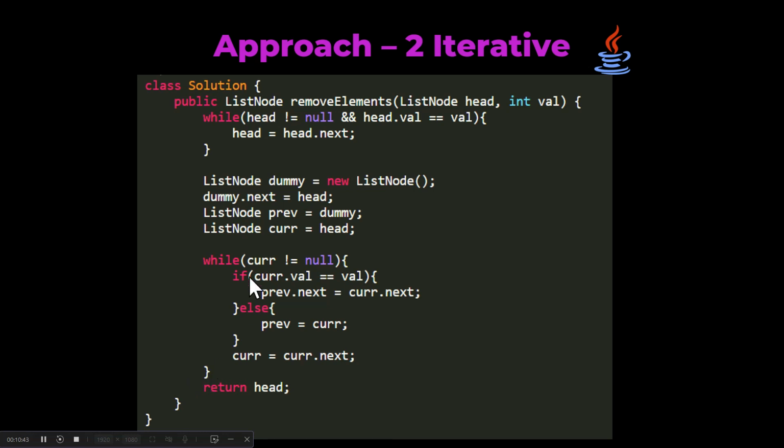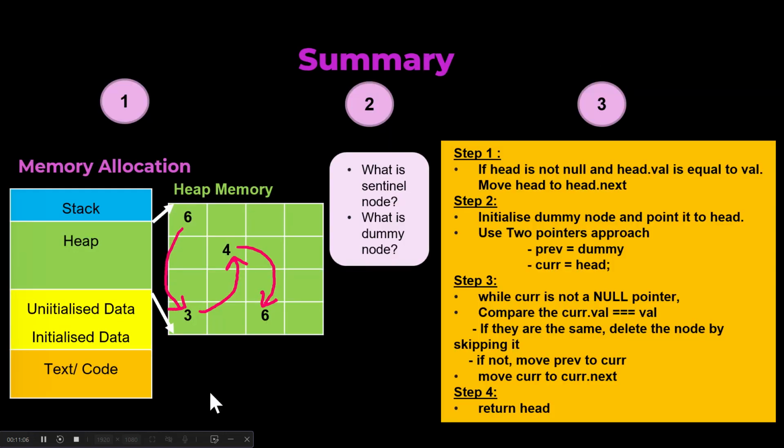Step 3, we check every single node in the linked list. If the values are equal, we make previous.next point to current.next. We skip. Otherwise we move previous to the current node, and after that we will move the current node, and then this is step 4, we will return the head.